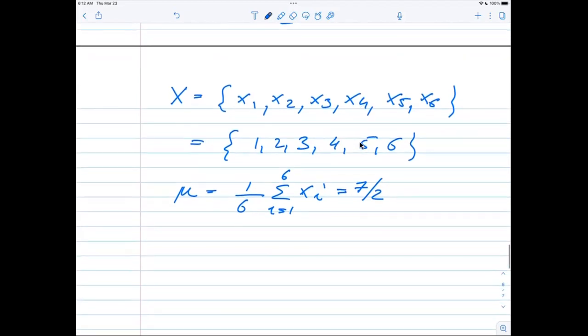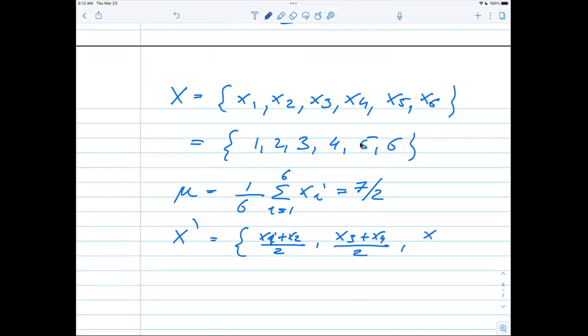Now, if I calculate the transformed data set, what I would do next is to set up a new data set, x prime, which is now going to contain x1 plus x2 divided by 2. And then I have x3 plus x4 divided by 2.